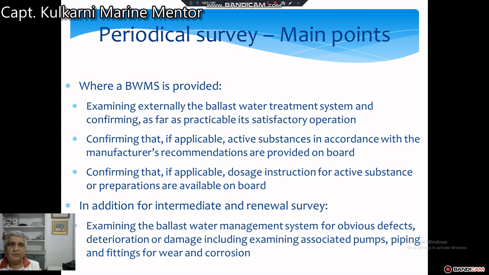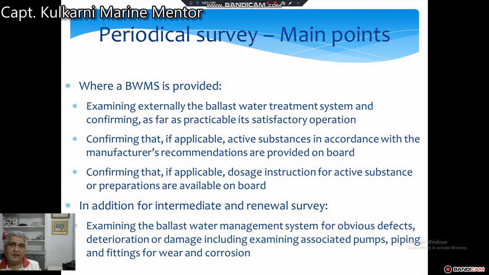Periodic survey main points: where is the ballast water management system provided, and all other things. Examination of external parts and the ballast water treatment system. Confirmation that applicable active substances are according to the manufacturer's recommendation, in case you are using active substances. Confirmation that applicable doses and instructions for active substances or preparations are available.